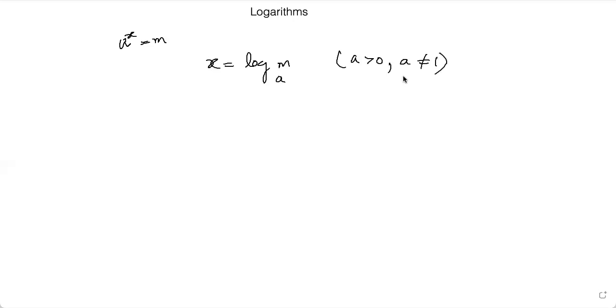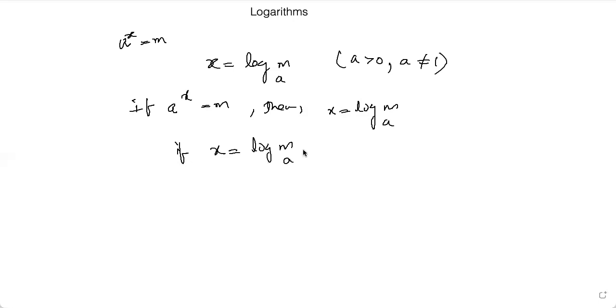And if a power x is equal to m, then x is equal to log m to the base a, and if x is equal to log m to the base a, then a power x is equal to m.